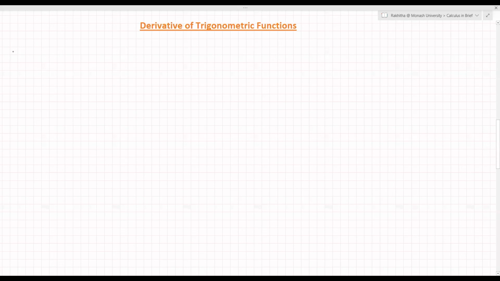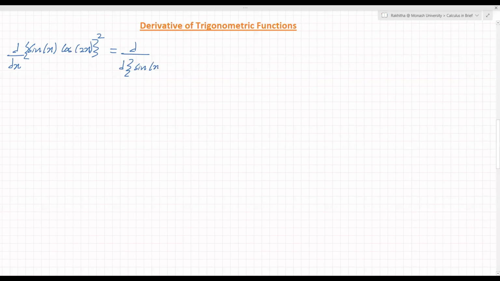Now finally, we will try to do a little hard question. So if you have d/dx of sine x and cosine 2x, the whole thing to the power 2. If you have a question like that, how do we do this? First of all, you will see the power rule over here. So then you will do the construction accordingly. So you will change your denominator.